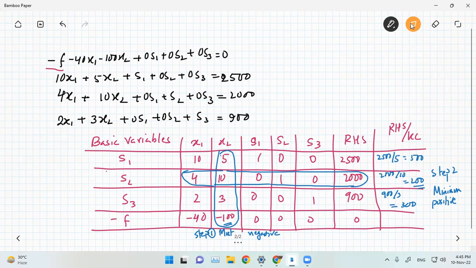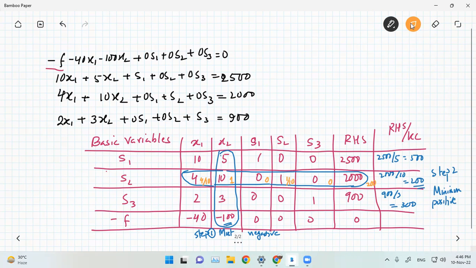Then we get 4 by 10, 1, 0, 1 by 10, 0, and then 200 here.